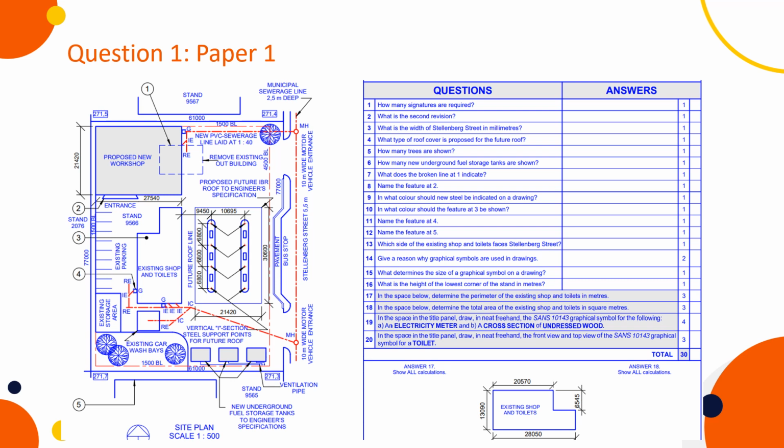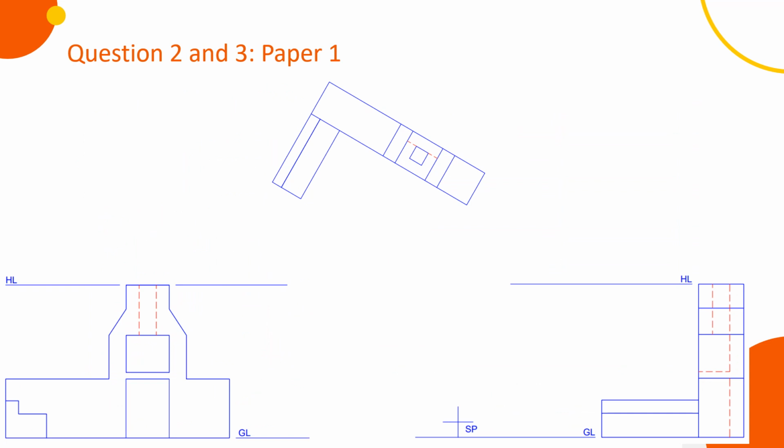Know what a rodding eye is, inspection eye, your manhole. Just be sure that you have covered a lot of examples in the workbook, in your study guide, as well as past papers, so that you have seen and answered all possible questions that we can do in civil analytical drawings.